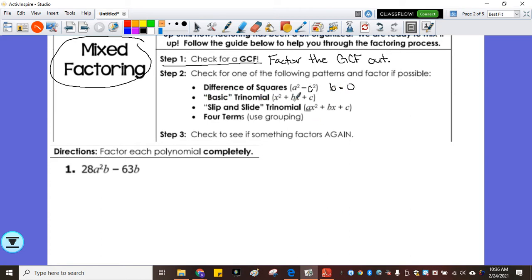Then we had our basic trinomial, where A equaled 1. And then our trinomial where A is greater than 1. And then we have not done 4 terms. That's next week. We're not doing that yet. So those are the 3 different factoring types we've worked on: where B equals 0, where A equals 1, and when A is greater than 1.